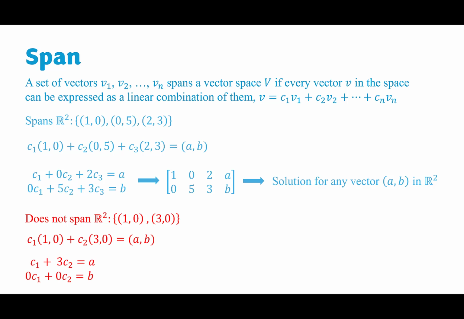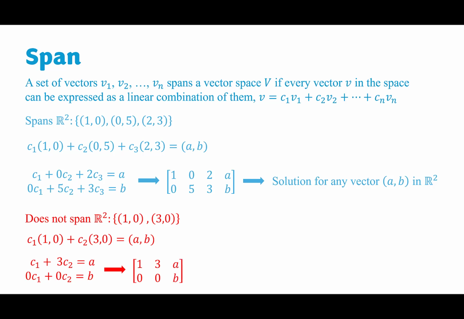Scale the first elements. So C1 times 1 plus C2 times 3 equaling A, right? So add the first entries and the corresponding entries in sum equal to A. And likewise for the second elements in each vector, right? As you have 0C1 plus 0C2 equaling B. Now, does that have a solution for all A and B?